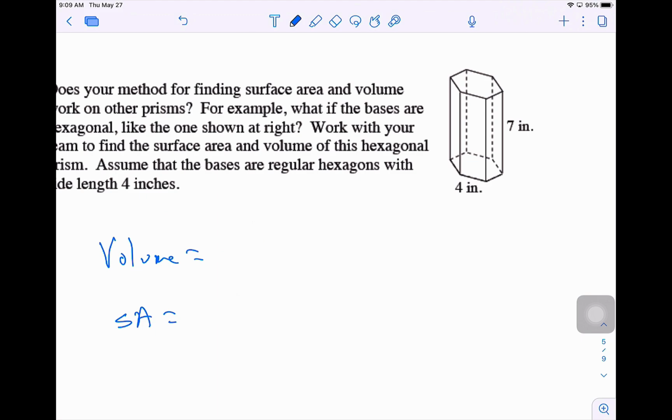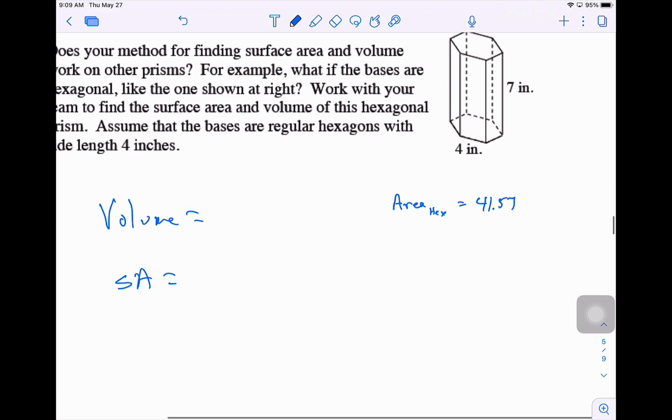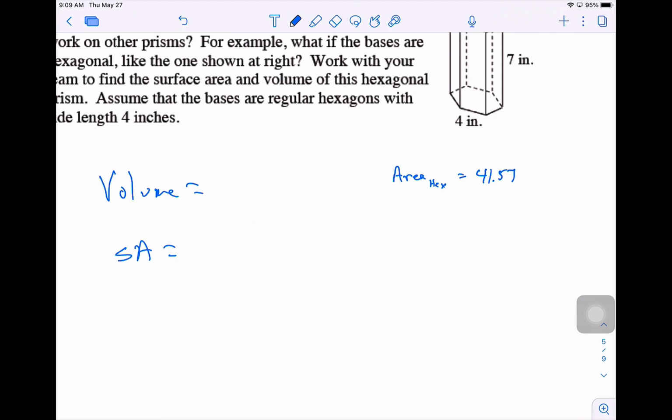Let me put that down. Area of hexagon equals approximately 41.57. Reminder again, in order to do that, you need to take your hexagon, break it into triangles, find the area of one triangle, and then in this case, multiply it by 6. That's where this 41.57 should come from.